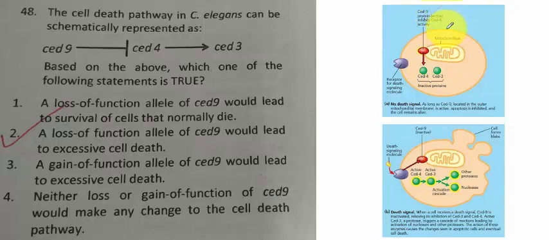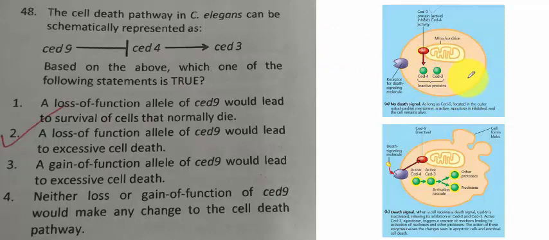What you can conclude is that when CED9 is present on the surface of the mitochondria, it inhibits the function of the death signal proteins CED4 and CED3 and makes them inactive, so that apoptosis is inhibited. Apoptosis means the cell death condition. It is inhibited and the cell remains alive.